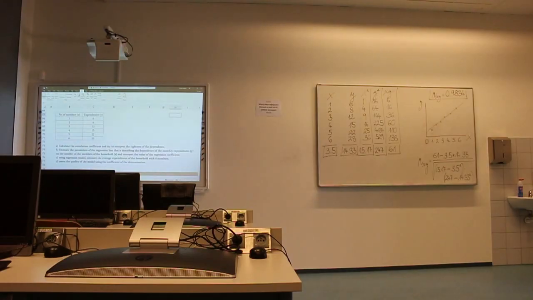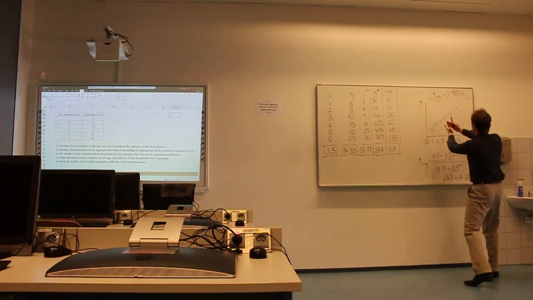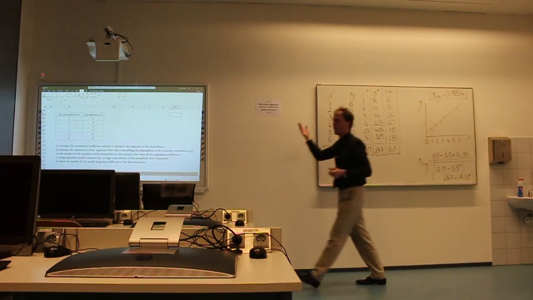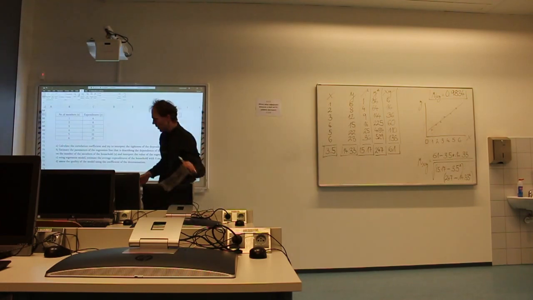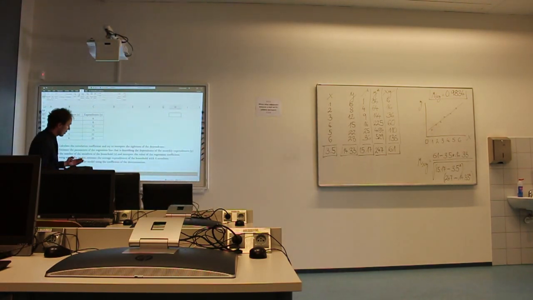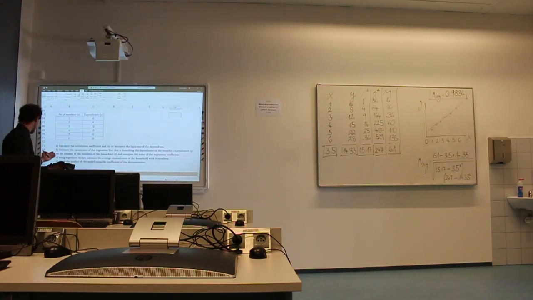We will continue. We are able to estimate the parameters of this function. This is a linear function, and we are able to calculate and estimate the parameters of this regression line. It is describing the dependence of the monthly expenditures on the number of members in the household.